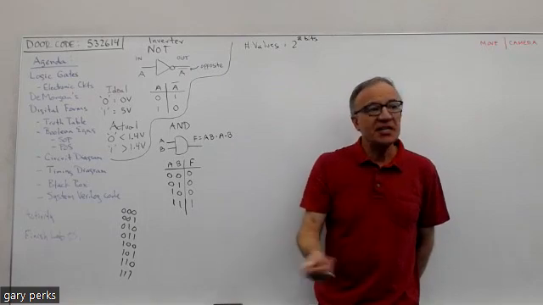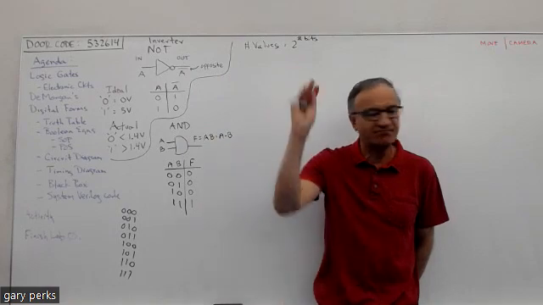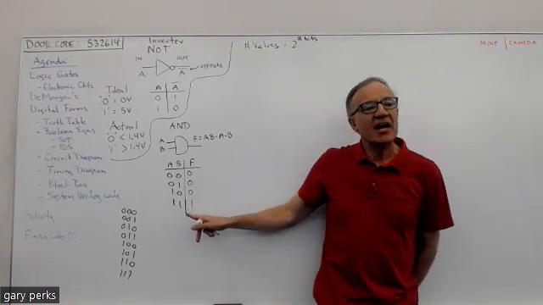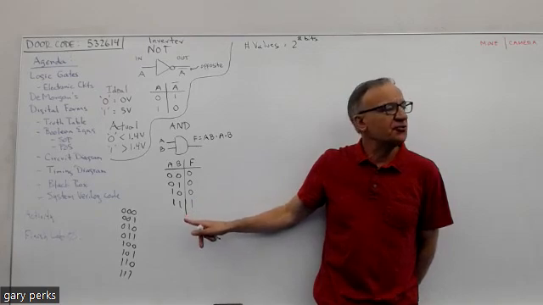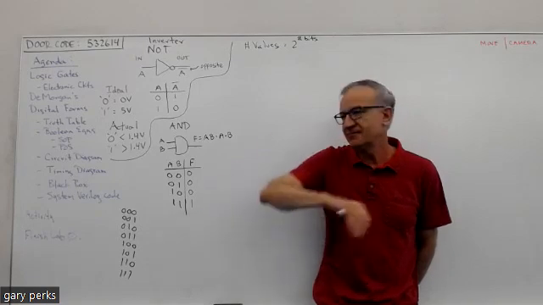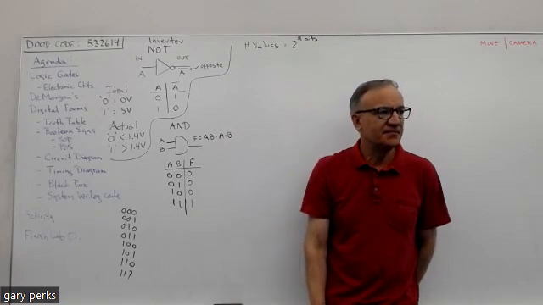But you can have 3 input AND gates, 4 input AND gates, 16 input AND gates. You can have as many inputs to an AND gate as you want. No matter how many inputs you have, it's always true that all the inputs have to be a 1 to get a 1 out of an AND gate. If only one input, no matter how many inputs, is a 0, you're going to get 0 out.